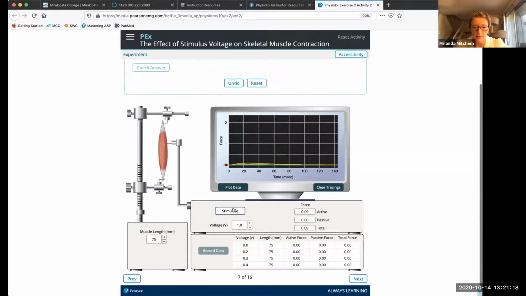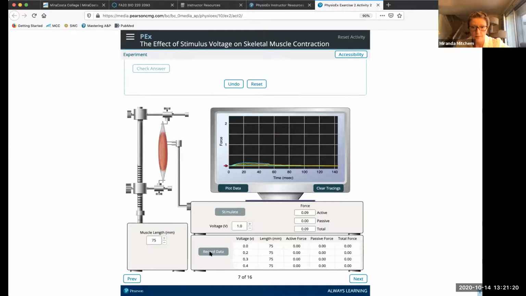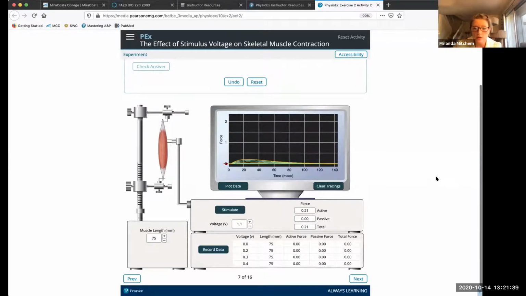Let's go to 1.0. Stimulate. Record. 1.1. So it produces a nice pattern where it does look like there's a relationship between the increase in voltage and the increase in the force.